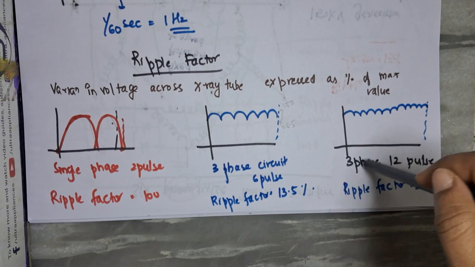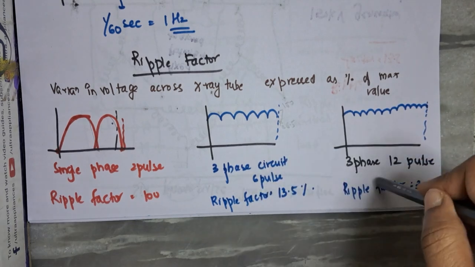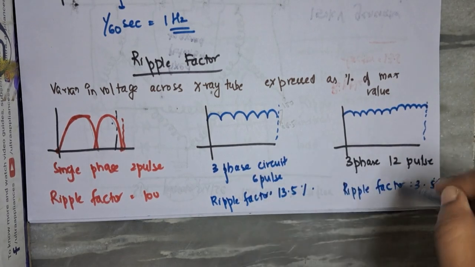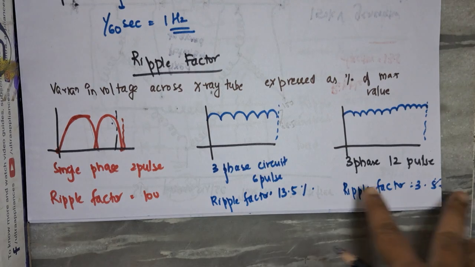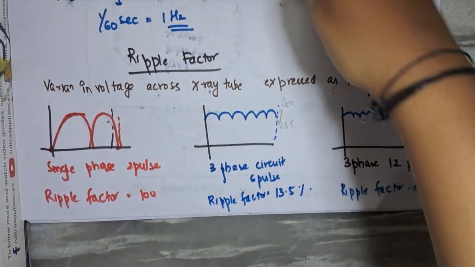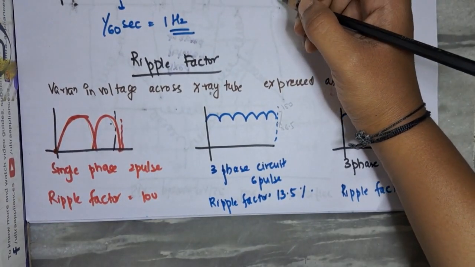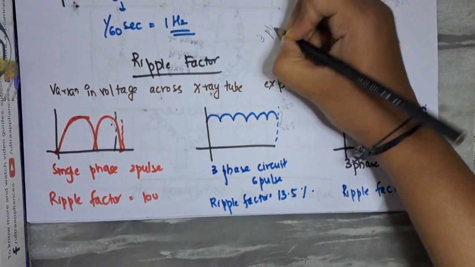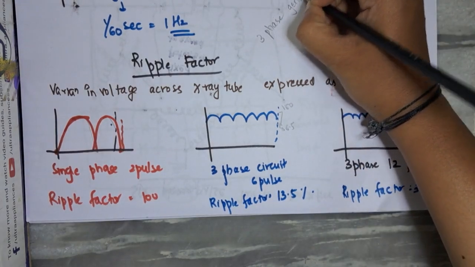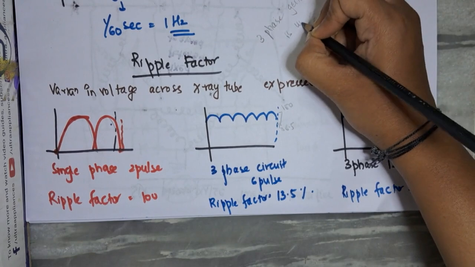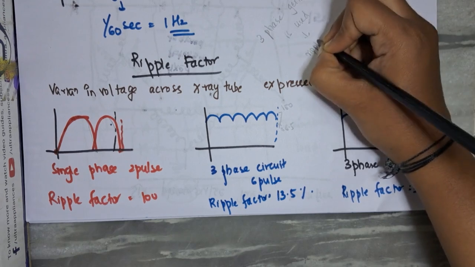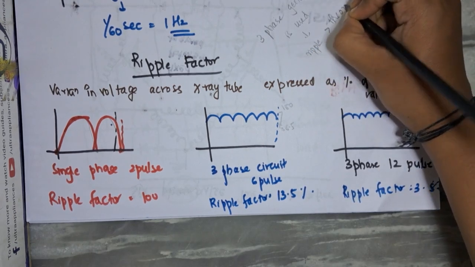So when 3-phase generators are used, this is the normal ripple factor. But sometimes what happens is, in reality, this is the theoretical ripple factor, true, but when a 3-phase generator is used, the ripple factor is more than the theoretical ripple factor.